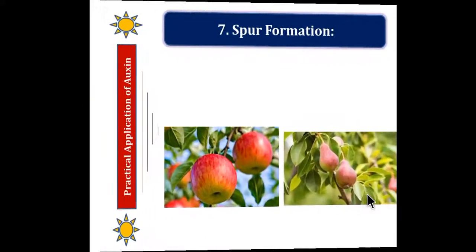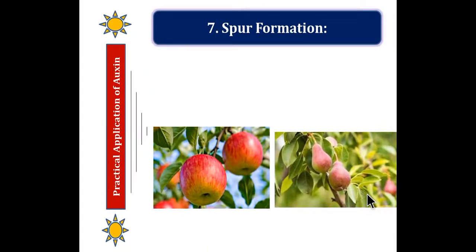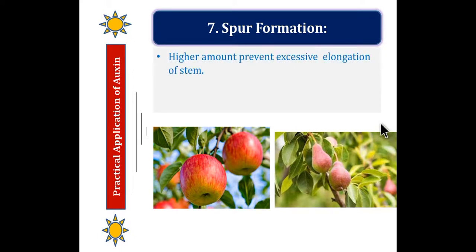The next application of auxin is spur formation. A spur is nothing but a dwarf branch. We know that auxin at a higher concentration prevents the excessive elongation of a stem and induces the development of more buds in plants like apple and pear. There are branches of limited growth, called dwarf branches, and branches of unlimited growth.